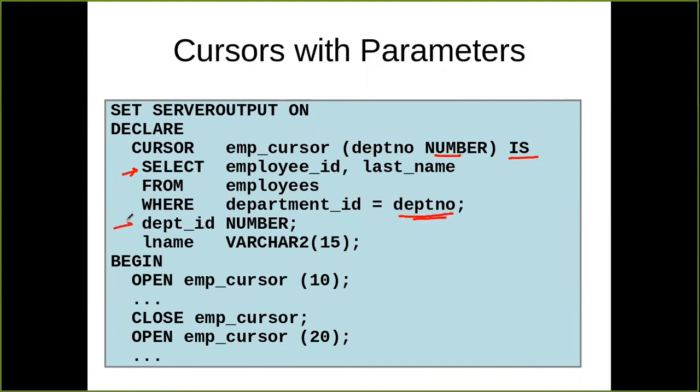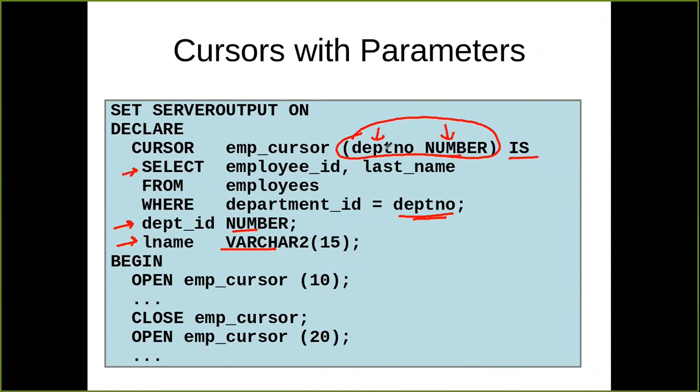The data type of department ID is number, and last name is varchar. So these are the different variables. Now whenever I declare a cursor, this is the value of the parameter. So this is a parameter. I am passing the parameter. The name of the parameter is department number and the data type of the parameter is number.